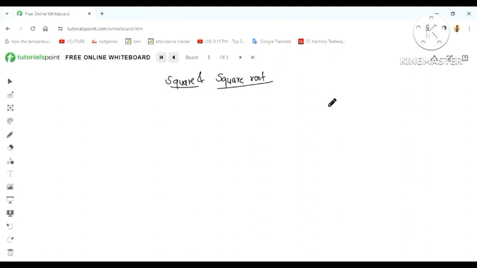These squares and square roots are used in almost every kind of calculation, such as when you are finding the area. So let us talk about applications first.